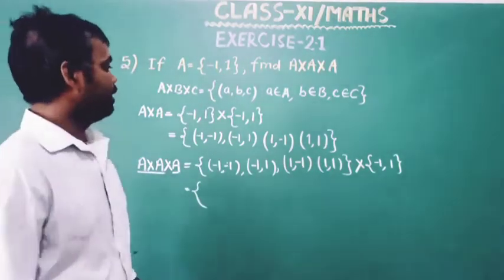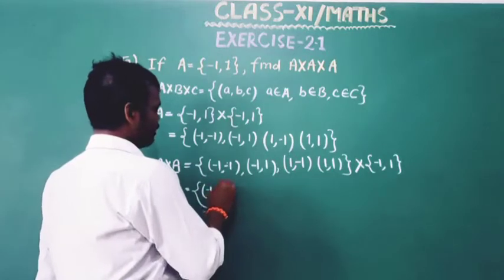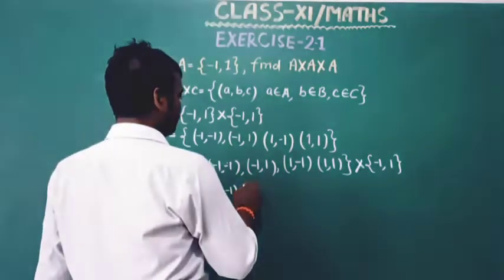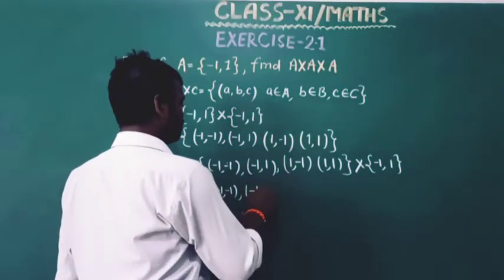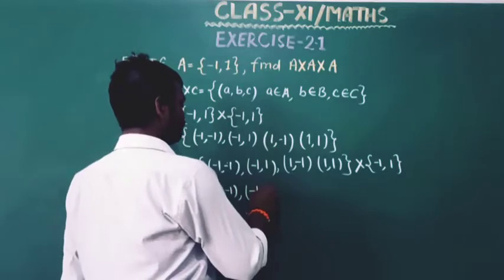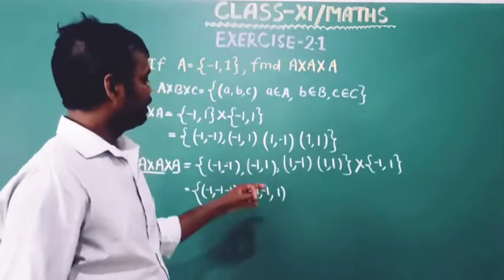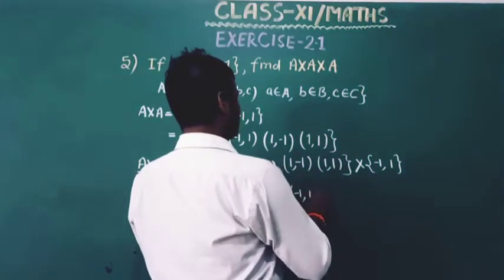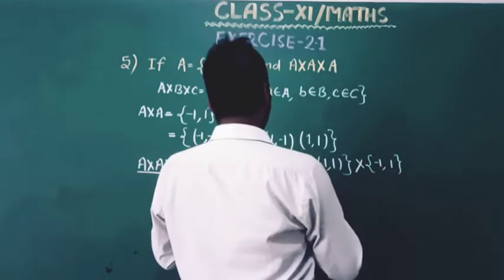The ordered triplets are (-1, -1, -1), (-1, -1, 1), next (-1, 1, -1) and (-1, 1, 1).